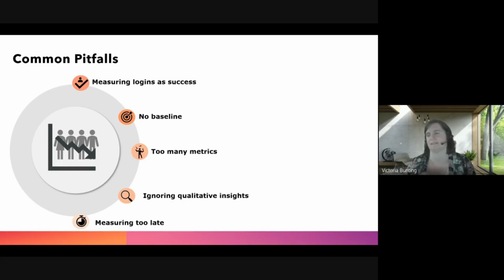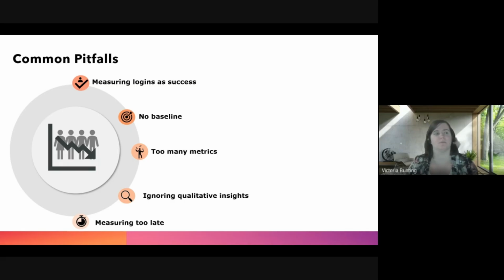It feels better, or it might seem quicker, but you need even a rough baseline just to agree up front, so that you've got something concrete to compare against and turn opinions into evidence. So you can say that a certain process previously took 4 days, it's now only taking a day, and you have that comparative information. Then there's measuring too late.